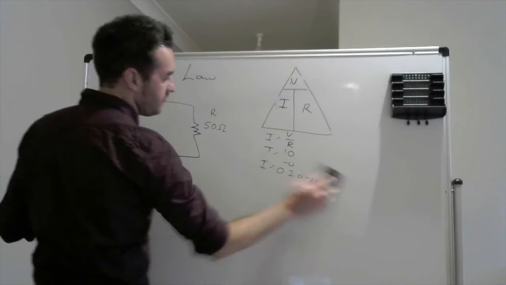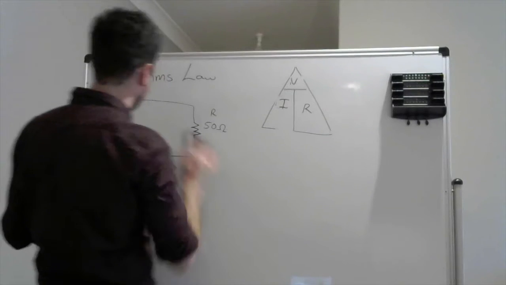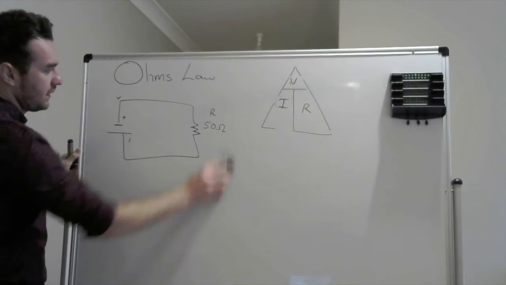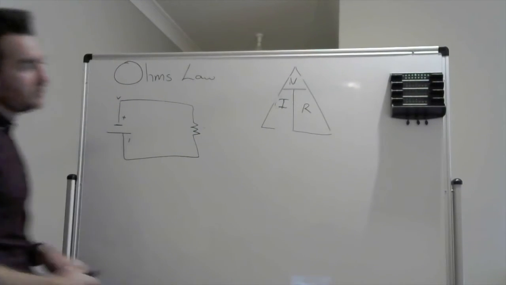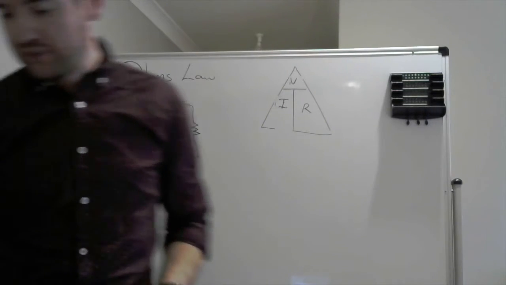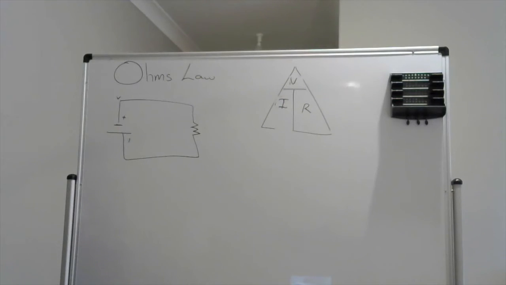Okay, let's try the last one that we haven't looked at yet. Let's say we don't know what V is, okay? Let's rub out V. So we still have our triangle here. We're going to do a different example, and we're going to look at how do we calculate the volts from this example here.